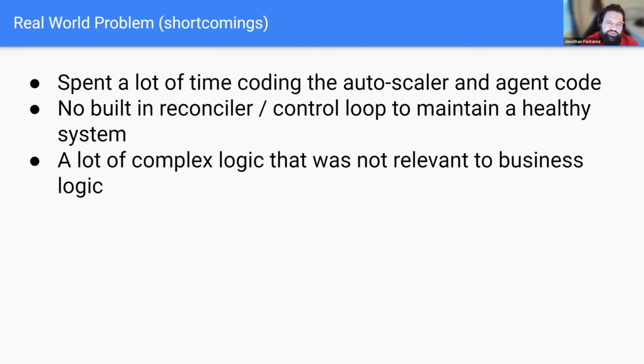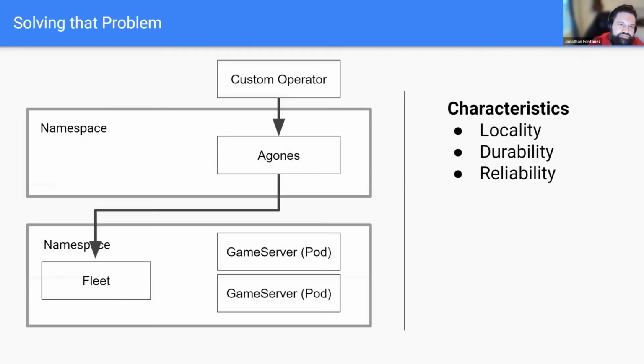You can get applications that require a new version of .NET or any other things that are needed. And there's no way to easily reconcile a system once it drifts away from the ideal state. It's easy to get it spun up, but it's really hard to maintain an application and keep it running. And yeah, as I pointed out, there was a lot of complex logic.